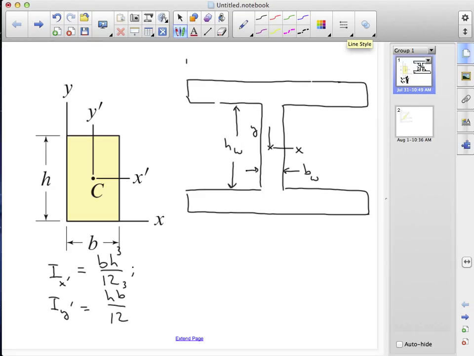So we'll let this distance be the span of the flange, and this distance be the height of the flange. Again, let's keep in mind that the centroids of the individual shapes that make up the I-beam are here as red dots. We have a local coordinate system that goes with each one of those.